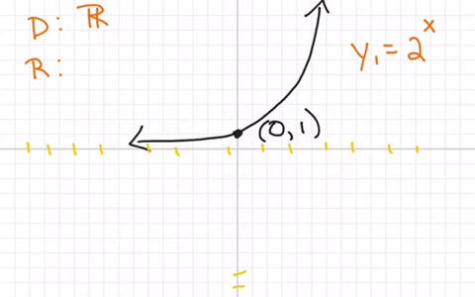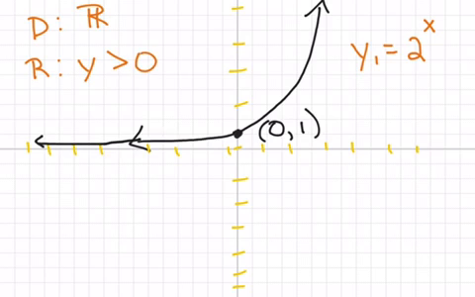Our y values, if you look on your table, you should be finding that the y values are getting closer and closer to 0, but you can't find 0 on there. So our range is y is greater than 0. Again, if you need to pause and talk about this as a class and help your peers understand that, please do that now.